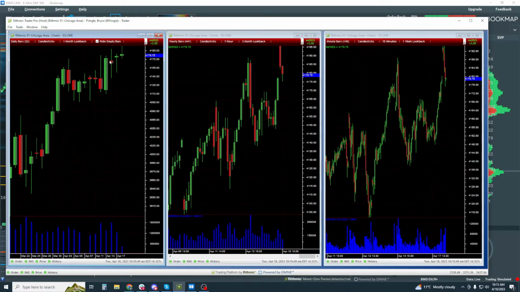Because yesterday we left off looking for a potential move up, and right after the webinar ended, that move up totally failed. It was like a long trap, and then boy did it move lower, and then at the end of the day it ended up higher, as you can see here.